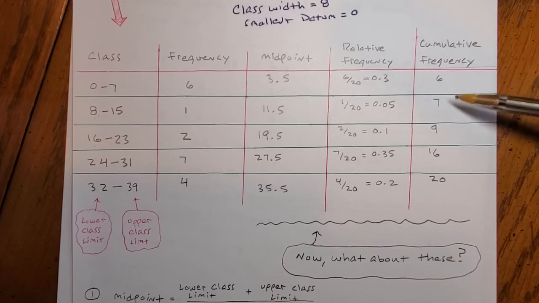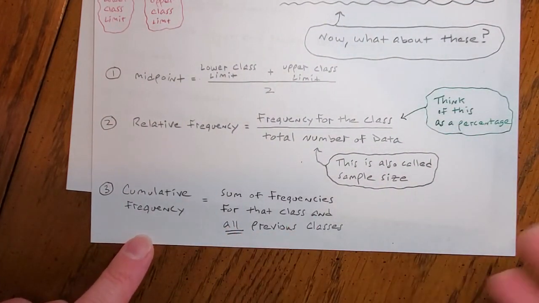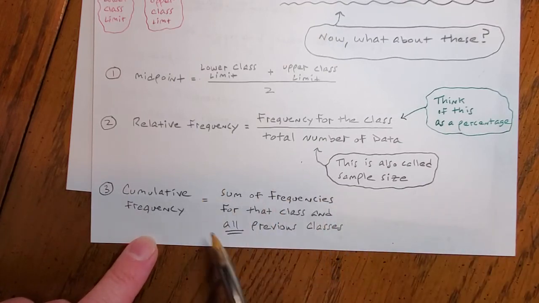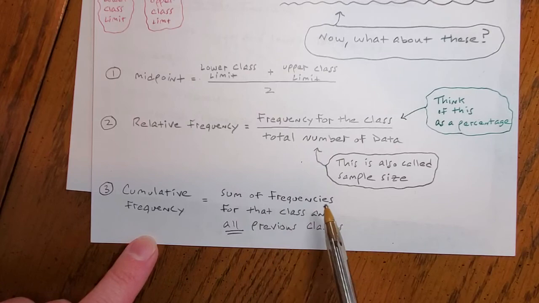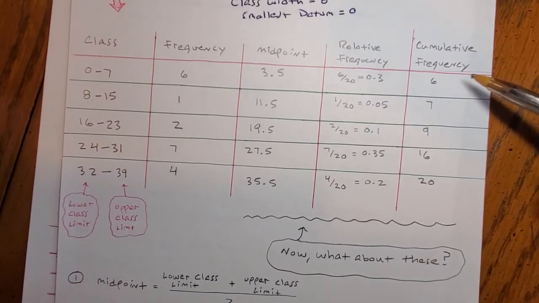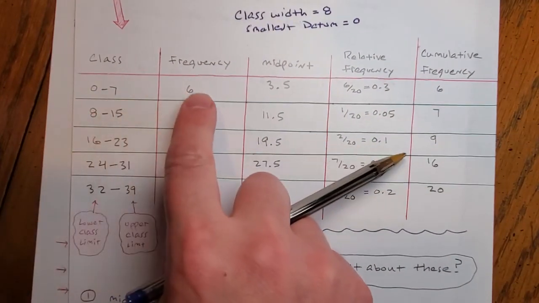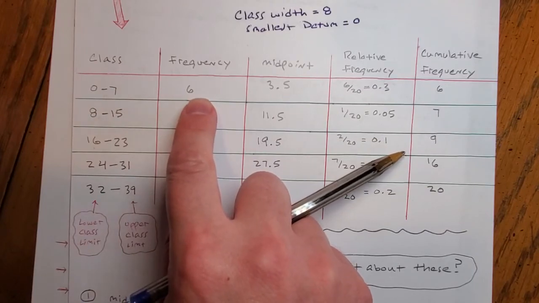Now, last, the cumulative frequency. You could think of that as like a so far number. This is how many so far. The official definition is the sum of frequencies for that class and all previous classes. In other words, if I say, from 0 to 7 minutes, we tallied 6 people in the data set.